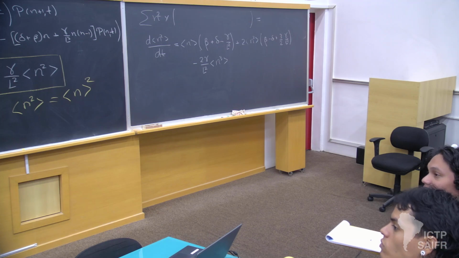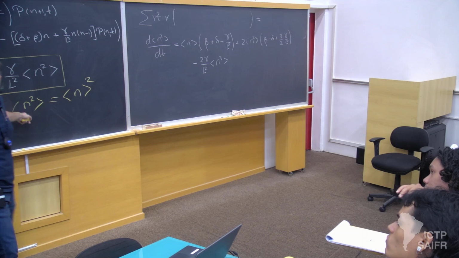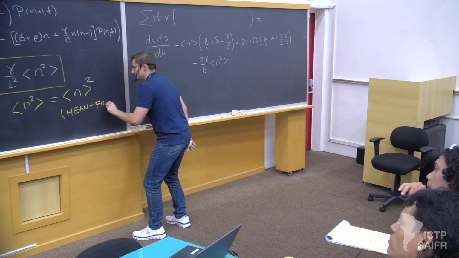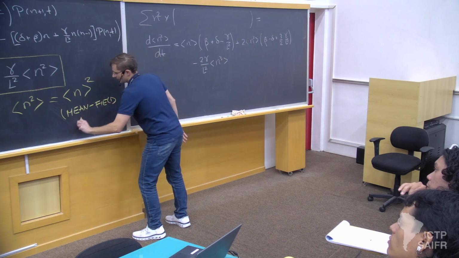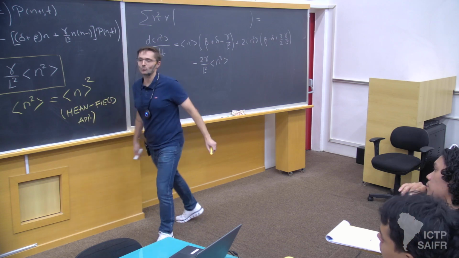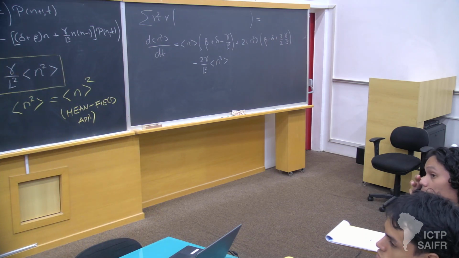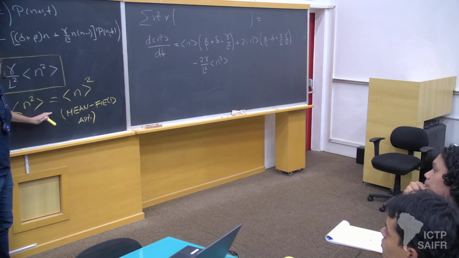What does this approximation mean? This is an actual approximation. This is called mean field approximation. In all the books, I don't know why they call it mean field. Well, they know why, but it's not related to mean field in the Ising model and things like that. It's somehow, but what is behind this? Forget about the name. What is behind this approximation?